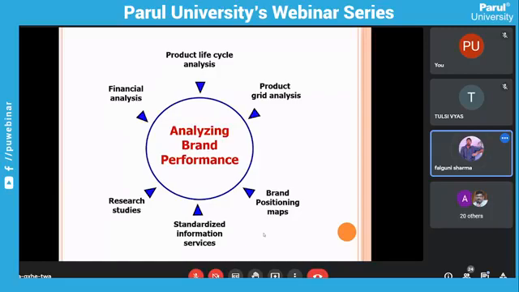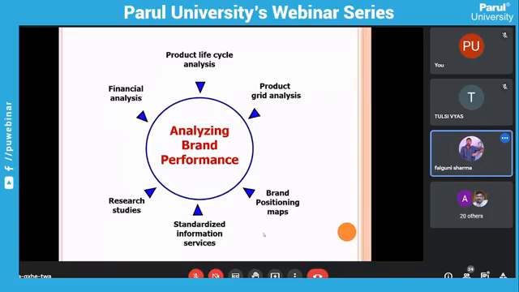Research studies are the most important part. From start to end of any brand management, research studies are an ongoing process, because the more times you research, the more you will definitely get something. The result comes in the form of negative or positive, but it can't be zero.